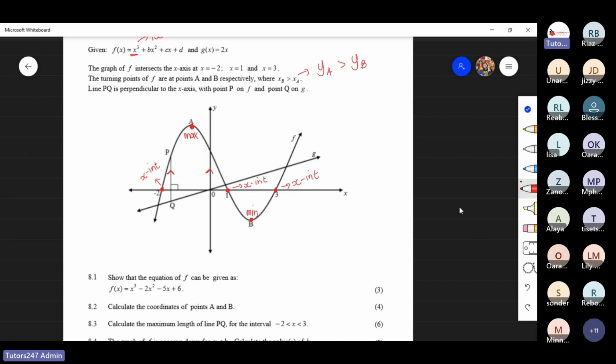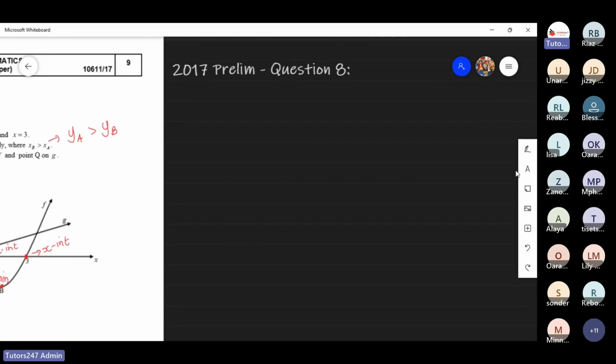So let's start. We need to find the equation of f. That is question 8.1. So for question 8.1, I'm going to make use of my x-intercept method. To use my x-intercept method, I need to use this formula.